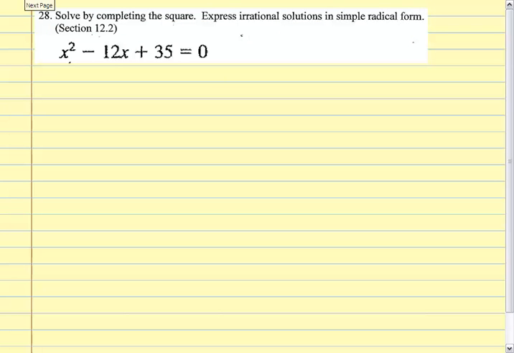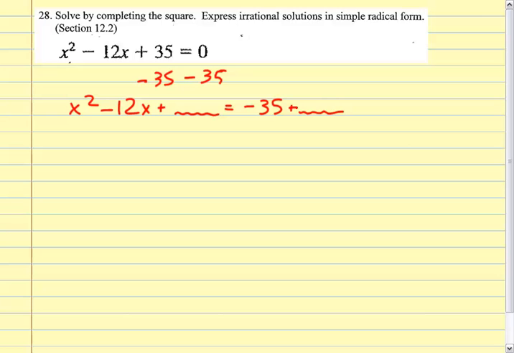Sarah, yes, ma'am. Completing the square. I subtracted 35 from both sides. That gives you x squared minus 12x plus something is equal to negative 35 plus something.